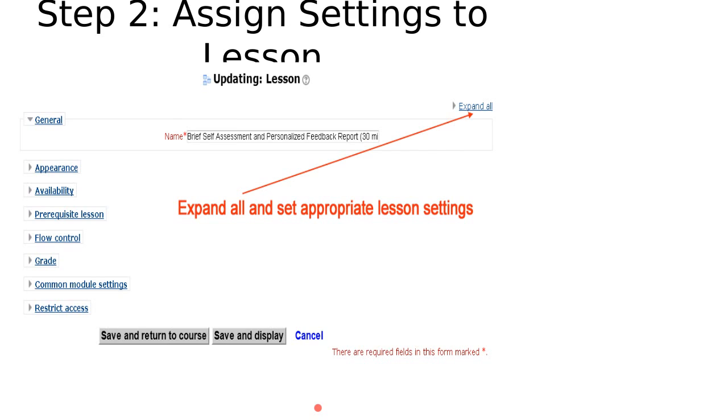Step two is to expand all and set appropriate lesson settings, depending on how you want it to look, what you want it to do, and how you want it to flow. I can't recall all of them. There's just way too many, but odds are that if you try your first run and it's not working for you, go back to your settings, because it's probably something in there.